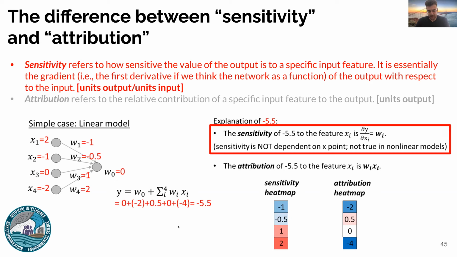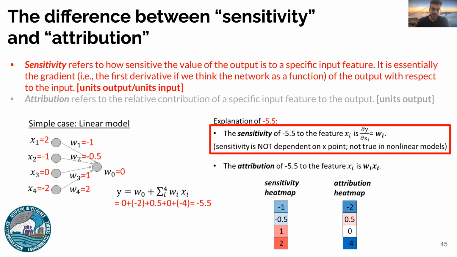Before we start looking into the details of the specific methods, first we need to clarify an important difference between the concept of sensitivity and the concept of attribution. There are local explanation methods out there that aim to estimate the sensitivity of the output to the input.